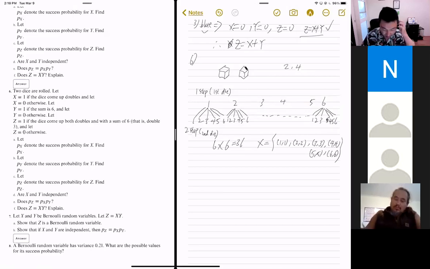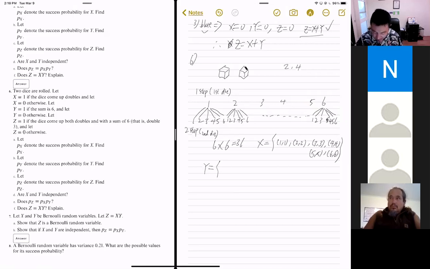So that is X. Then for Y, it is defined as the sum equal to 6. Then how many outcomes for Y?